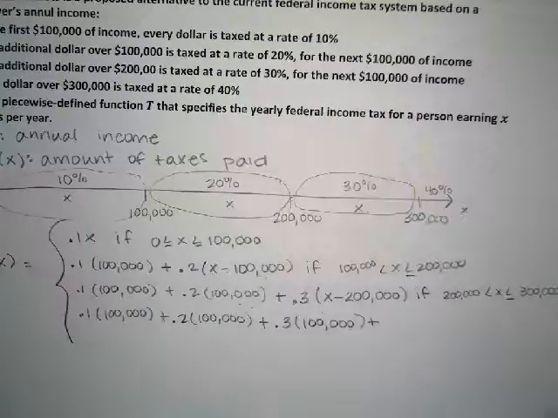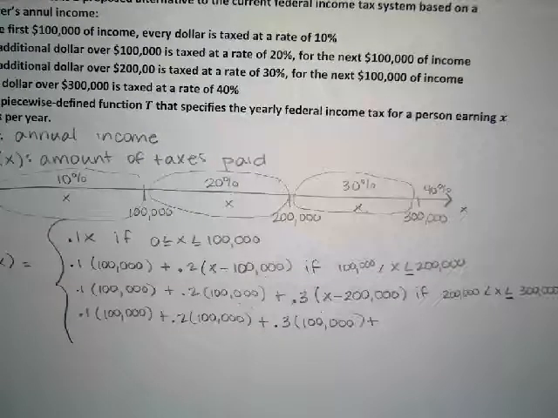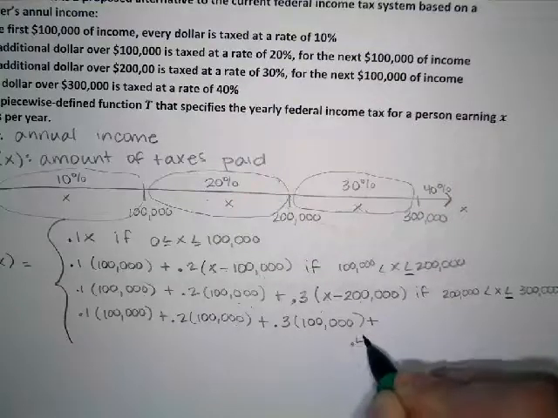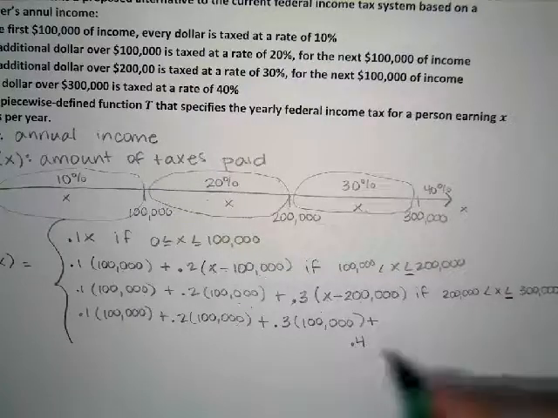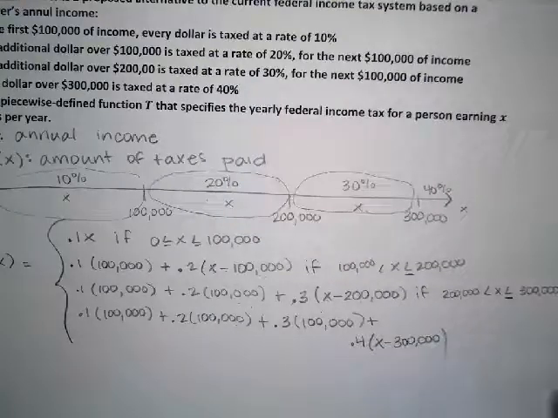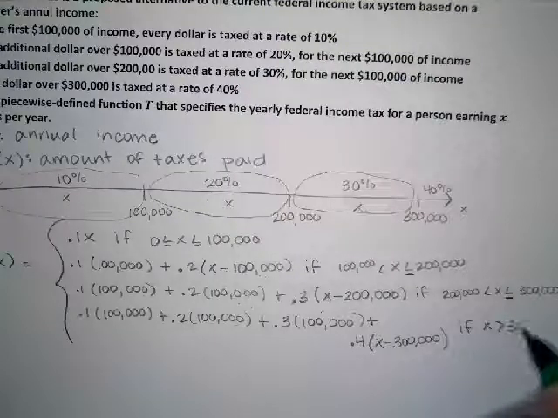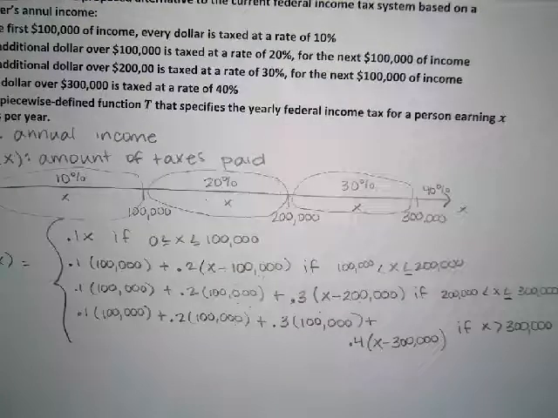And now we are into the bracket where we have to pay 40%. And what are we paying 40% on? Any dollar amount that is above 300,000. So we're going to write X minus 300,000. And just like Colin said, this is if X is greater than 300,000. So any income you have above 300,000, that's when you have to pay that amount.